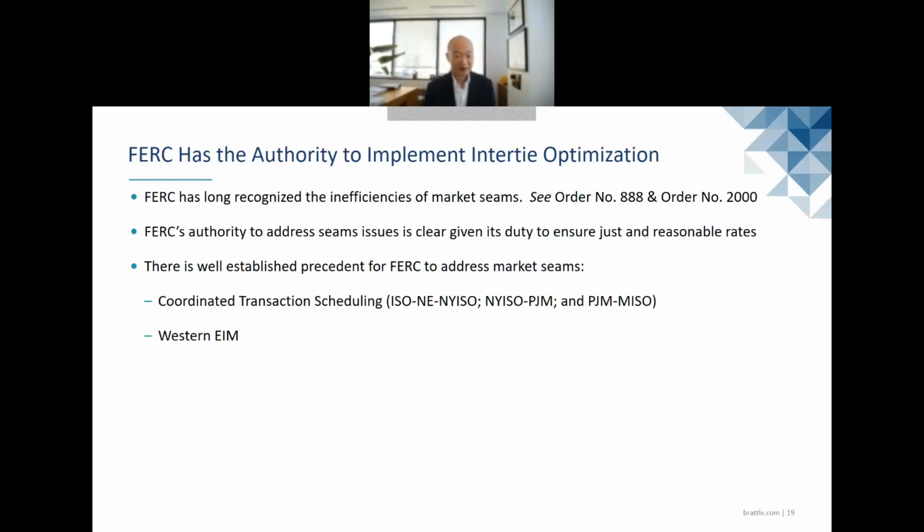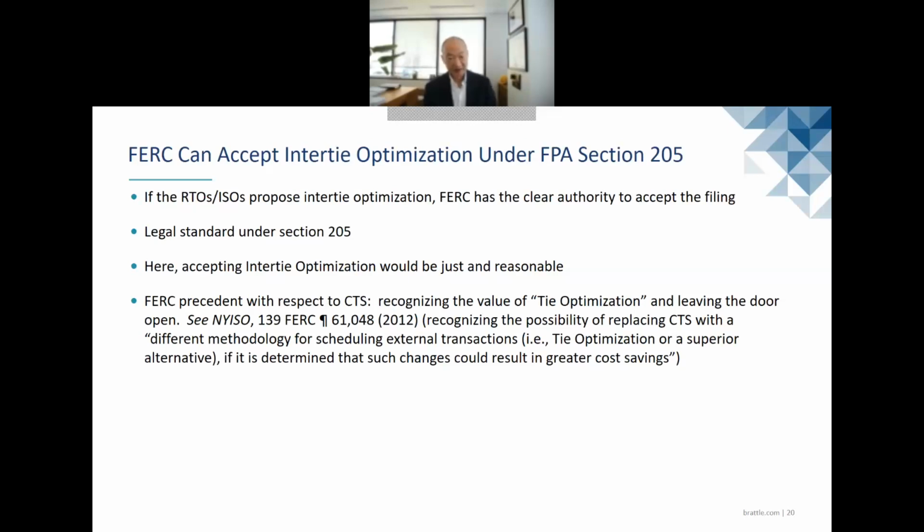We've also seen FERC use its Section 205 authority to accept the Western Energy Imbalance Market proposal, and FERC is currently contemplating CAISO's subscriber PTO proposal under Section 205 of the FPA. Under Section 205 of the FPA, we think it's clear that FERC could accept a proposal from the RTO's ISOs if they made such a filing. Again, the standard is one where FERC would have to find that the proposal is just and reasonable.